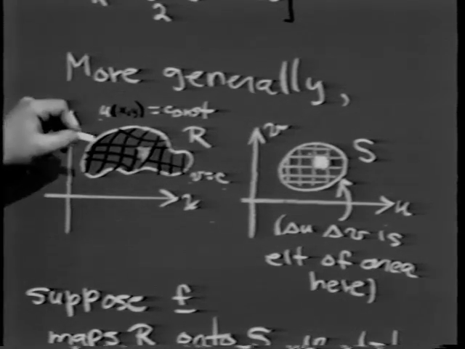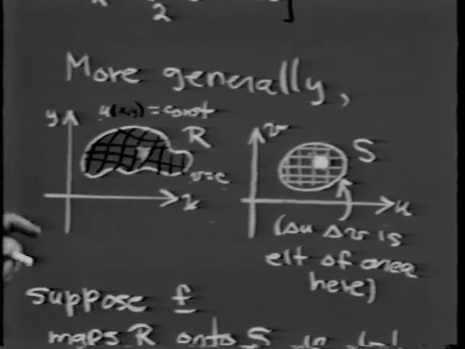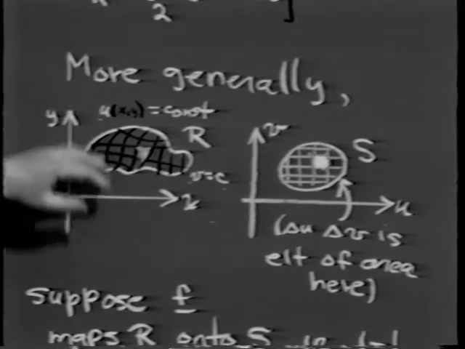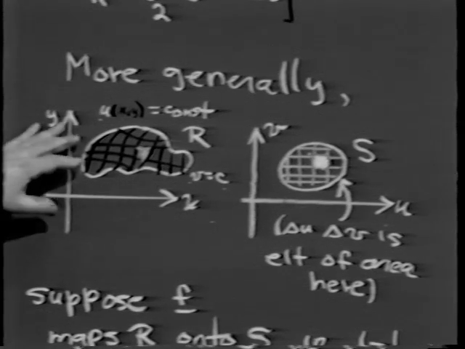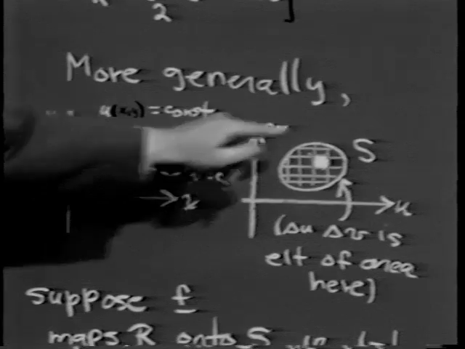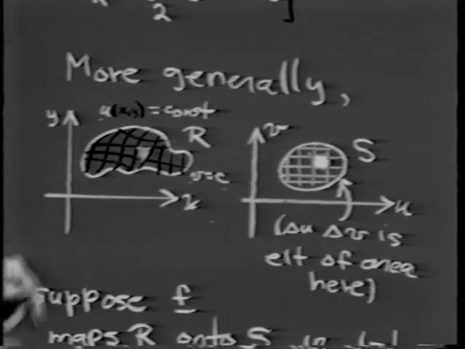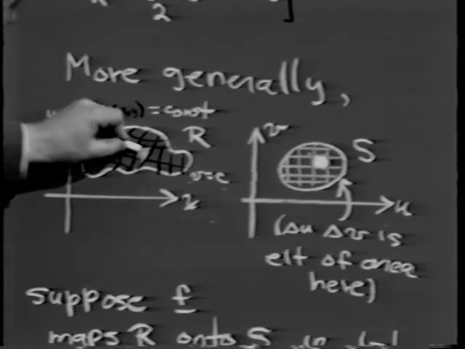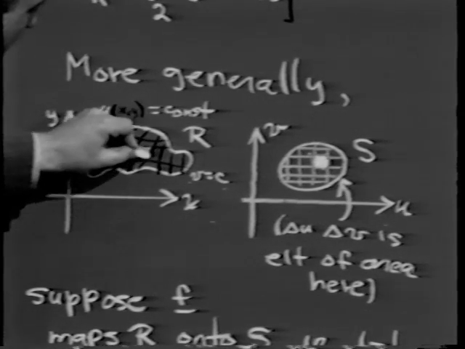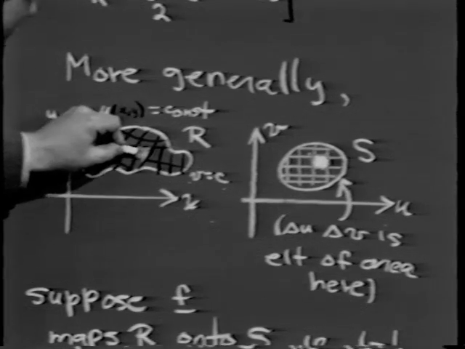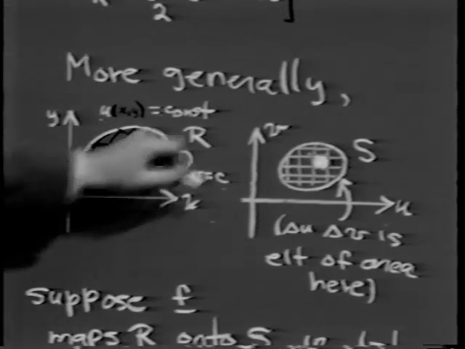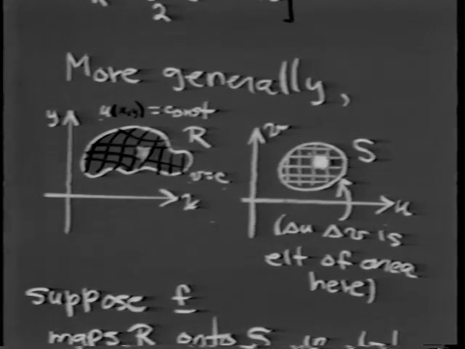The key point is we do not want the area of the region S, we want the area of the region R. And what we're hoping is that by making the change of variables that maps the region R in the xy plane into the region S in the uv plane, we somehow find a convenient way of scaling an individual element of area here with respect to one here, and then find the area of this region by adding up the appropriate pieces here.